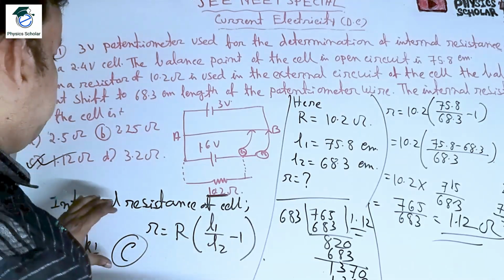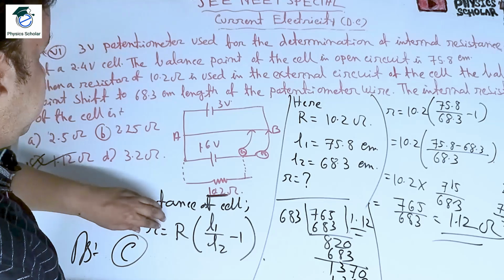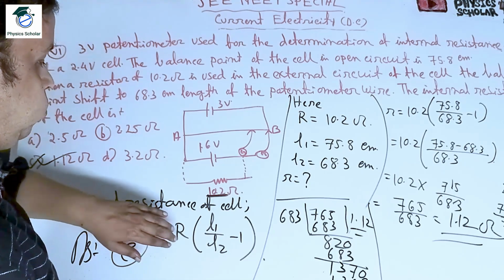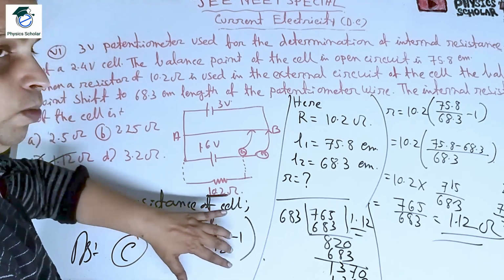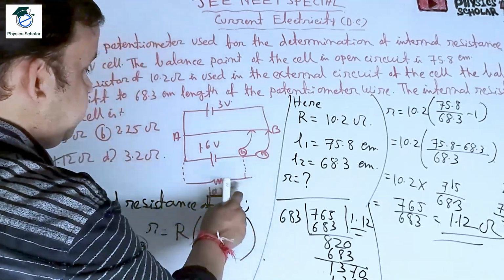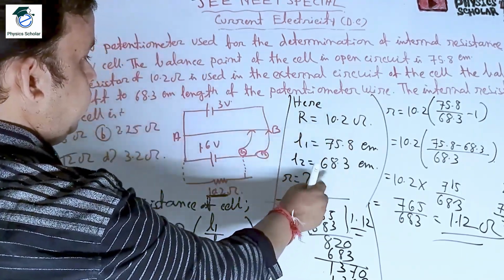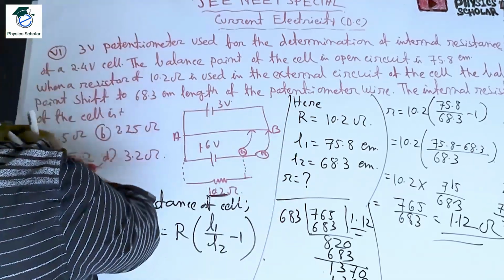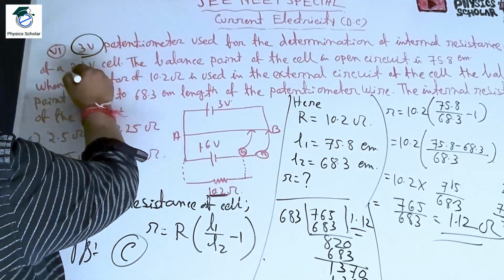So what is the formula of internal resistance? Small r is equal to capital R into L1 by L2 minus 1. Capital R is the external resistance, 10.2, and L1 and L2 are the lengths we know. We don't have to calculate the voltage here. It is not required.